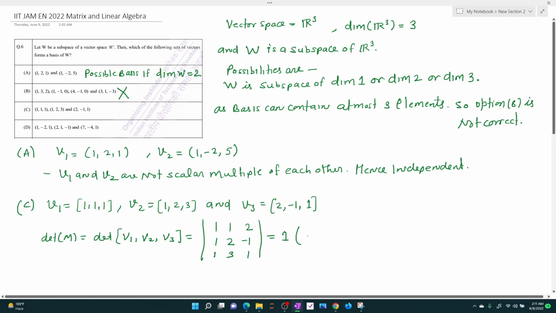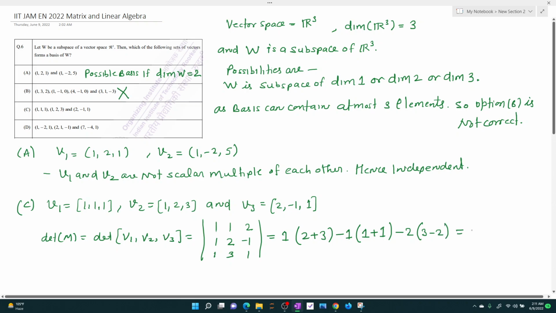So the determinant is nothing but 2 plus 3, then minus 1 times, and then it becomes 1 plus 1. I hope everyone knows how to find the determinant, right? So this becomes 3 minus 2. What is the final value here?